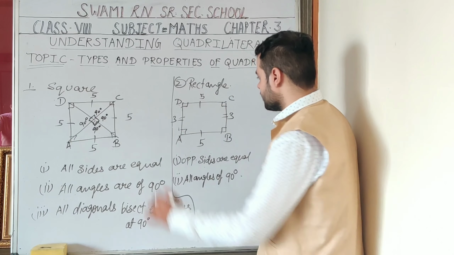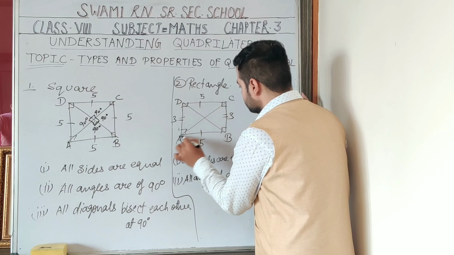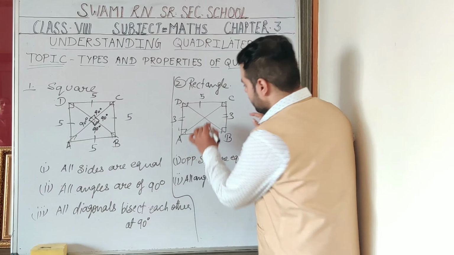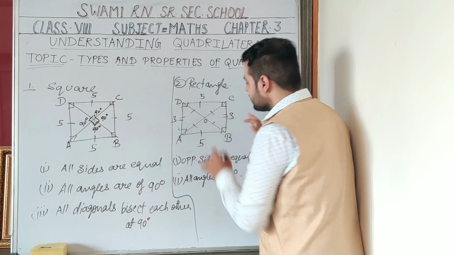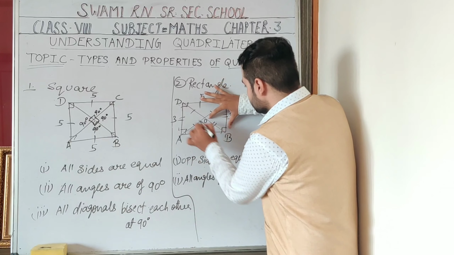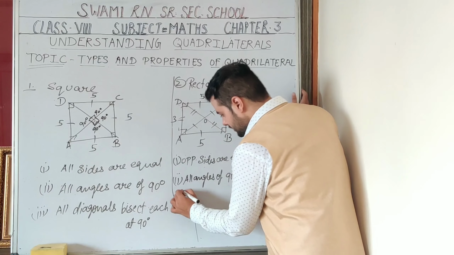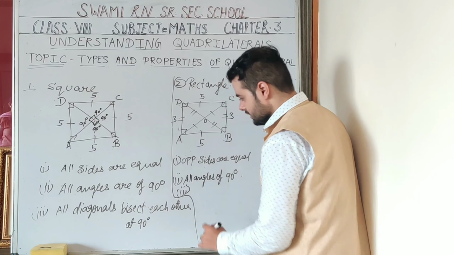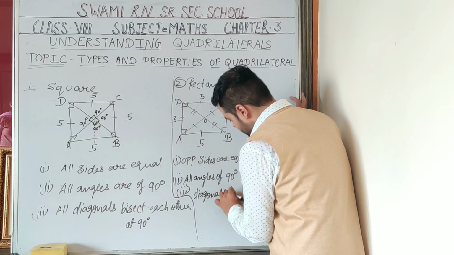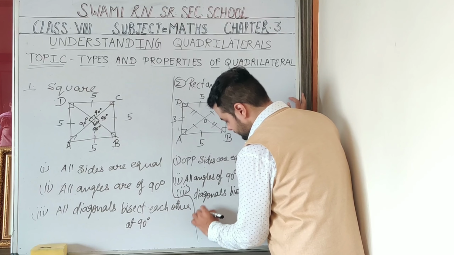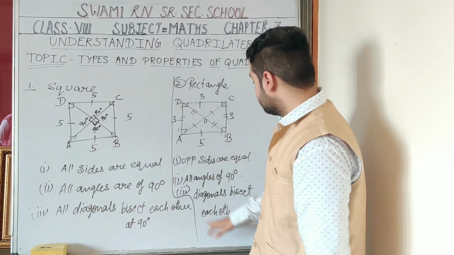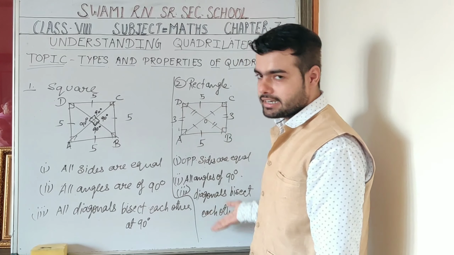Now the third property: when we draw the diagonals, they do not bisect each other at 90 degrees, but the diagonals bisect each other, meaning AO equals OC and BO equals OD. So that is the third property, that diagonals bisect each other. Okay students, that is the last property of the rectangle.